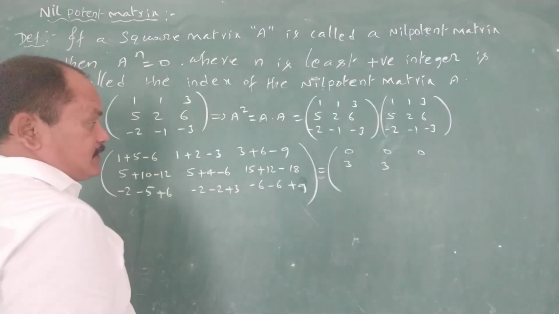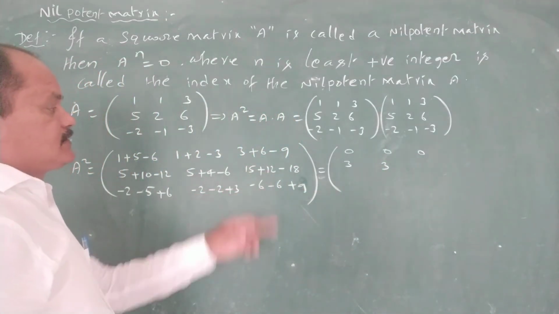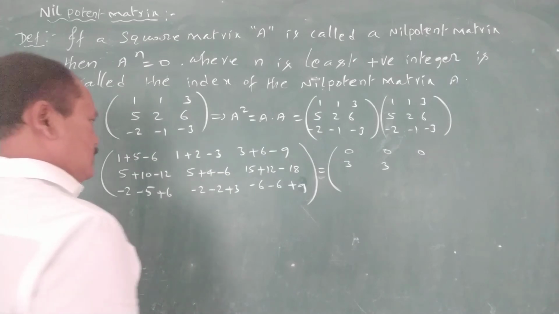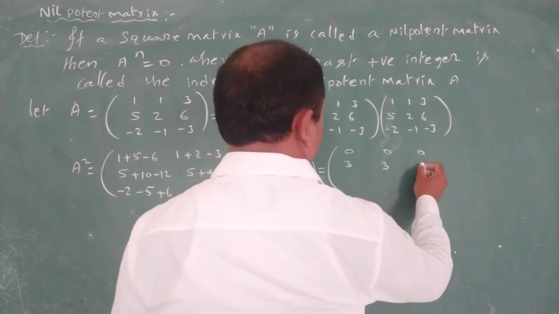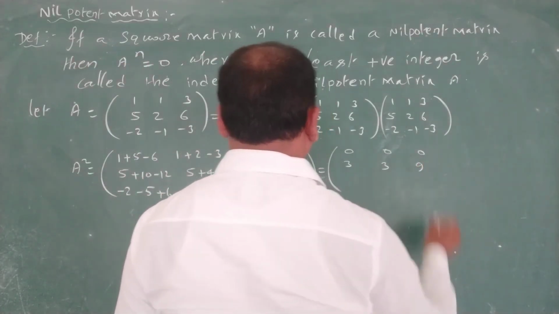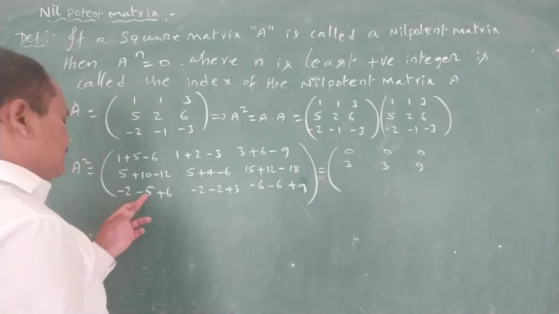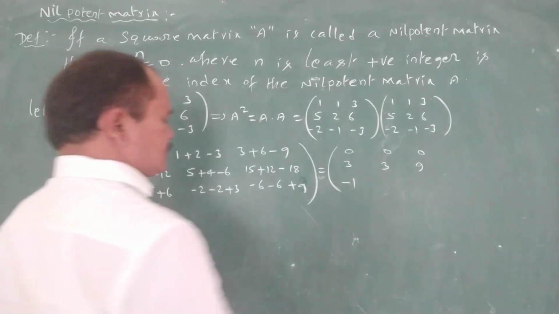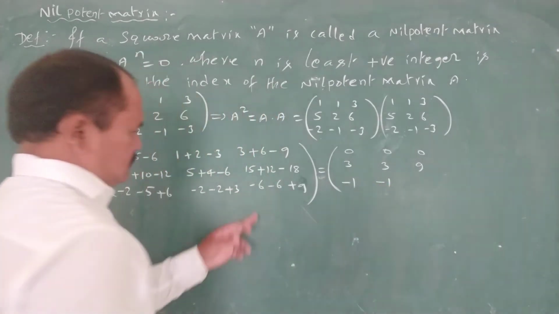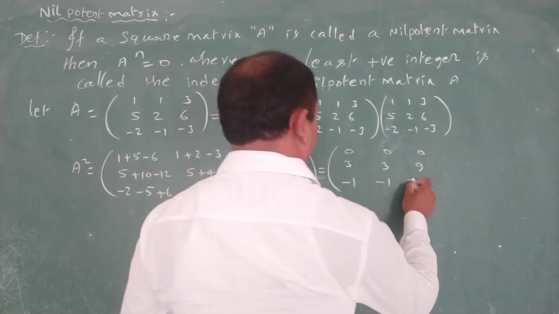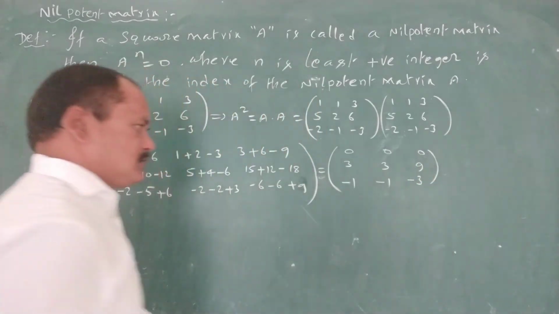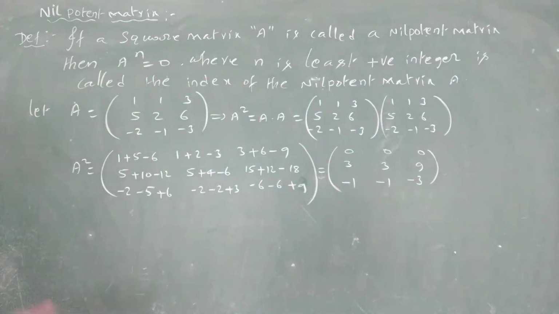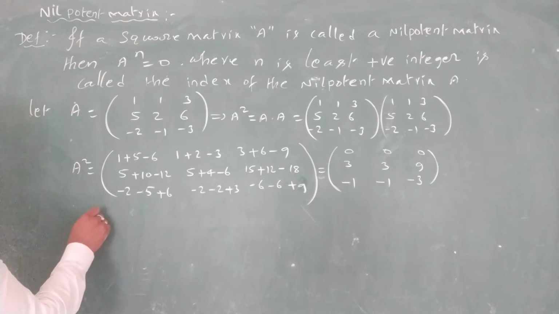Here it is 27 minus 18, 9. Now this is minus 1. Now this is minus 1. Now this is minus 3. That's it.